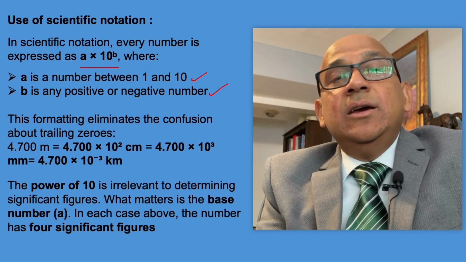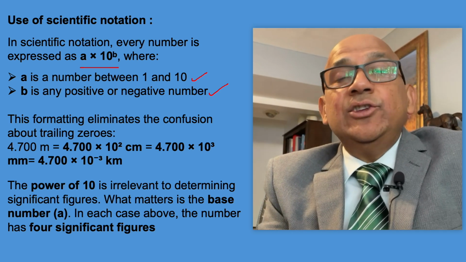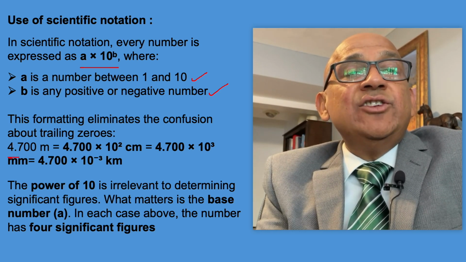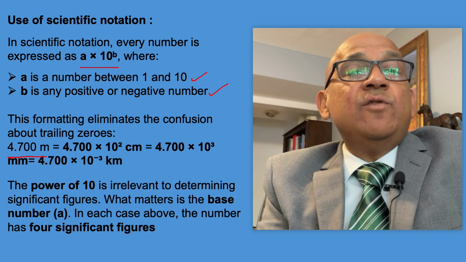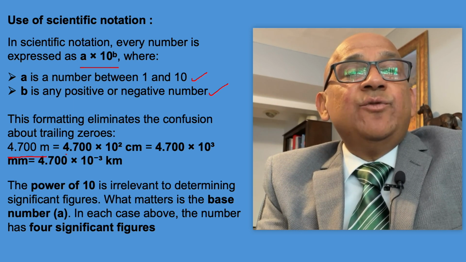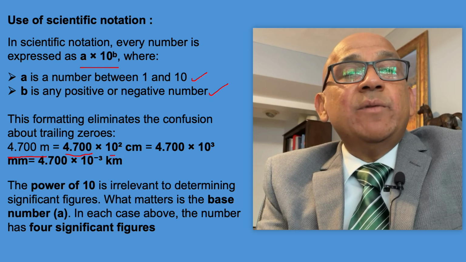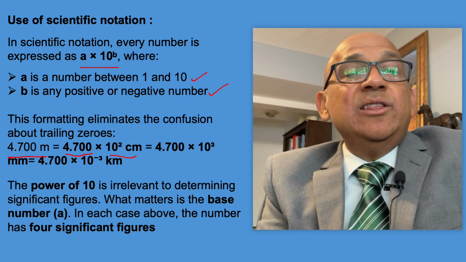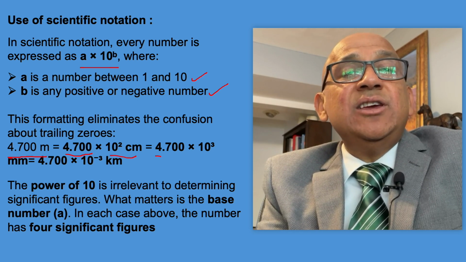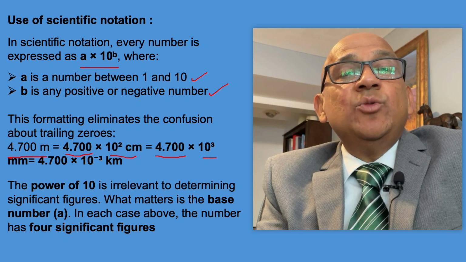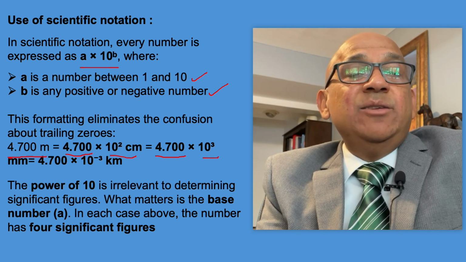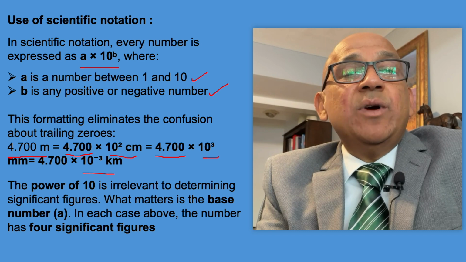This formatting removes the confusion about trailing zeros. For example, 4.700 meters. If I want to convert it to centimeter, I will just write 4.700 times 10 to power 2 centimeter. Similarly, if I have to write it in millimeters, I will just keep 4.700 times 10 to power 3 millimeter. And similarly, you can do in kilometers, 10 to power minus 3.